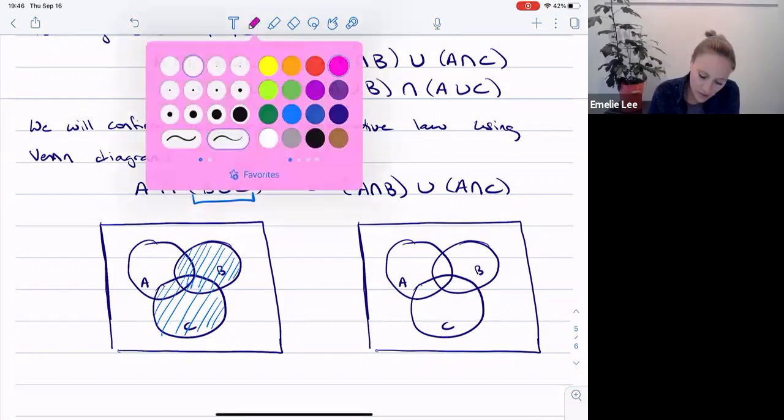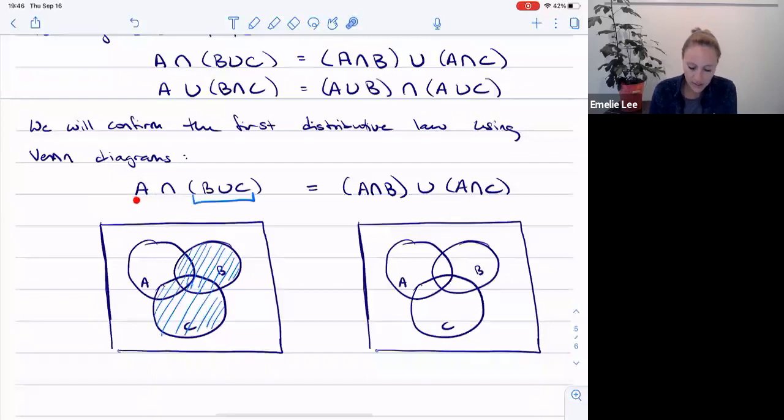Okay. If it has to be in A as well, right? So now I have the blue area and I will want to look at A and that blue area. So it has to be in the A circle and the blue area, which is only going to be these three regions, right? These tiny three regions. And so here, I'm just going to shade those in.